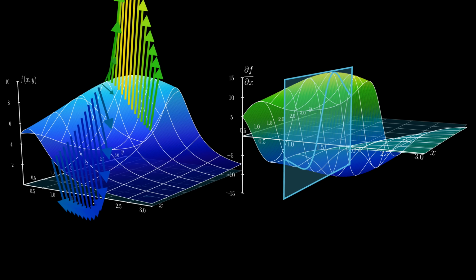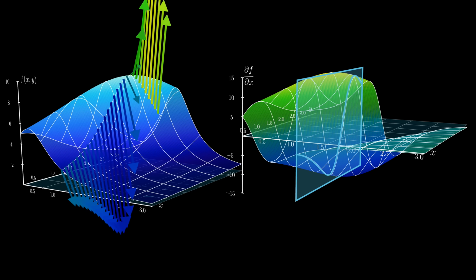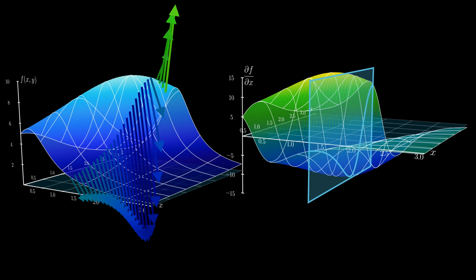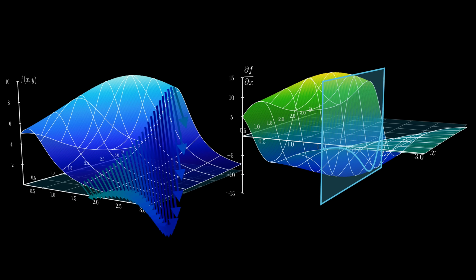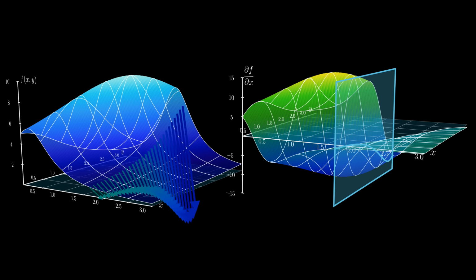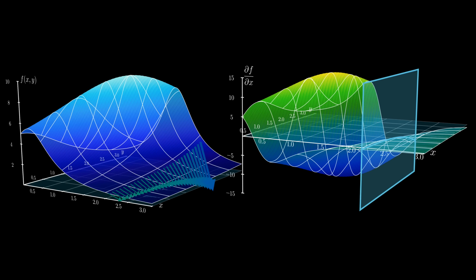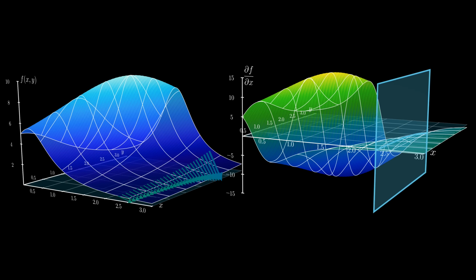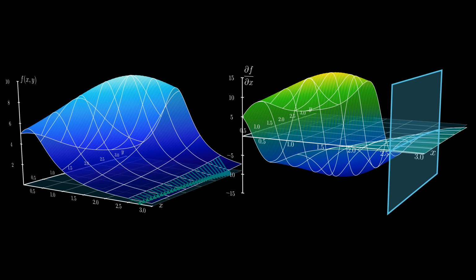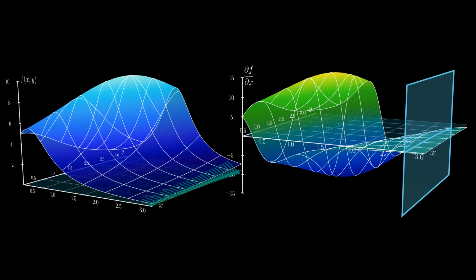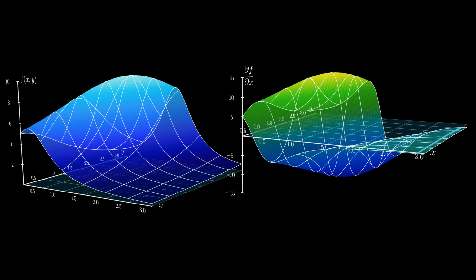And as the function heads towards a peak, the partial derivative gets more and more positive. But once the function passes that peak, the slope shifts from positive to negative, and we see that on the plot of the partial derivative as it falls quickly down to negative territory. The slope of the function then gets less and less negative, and the partial derivative rises gently towards 0.